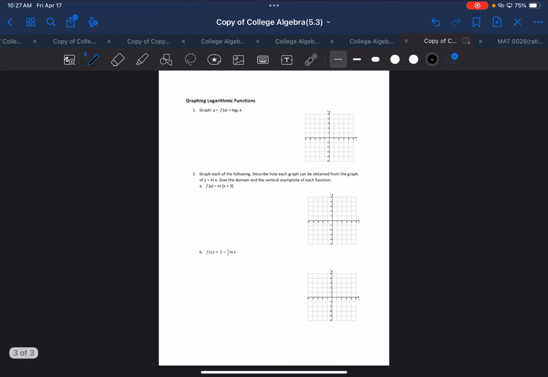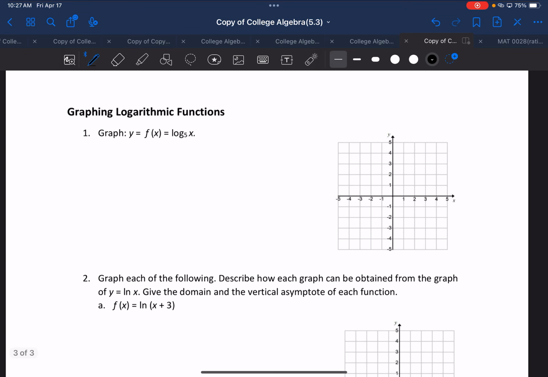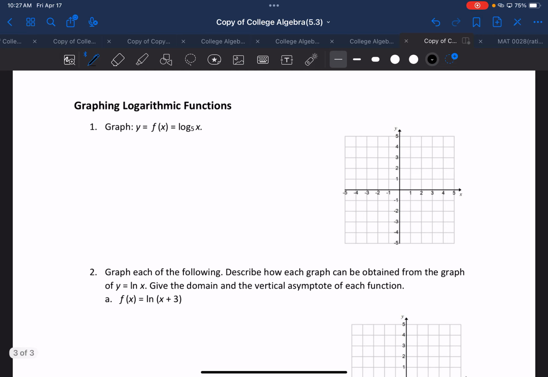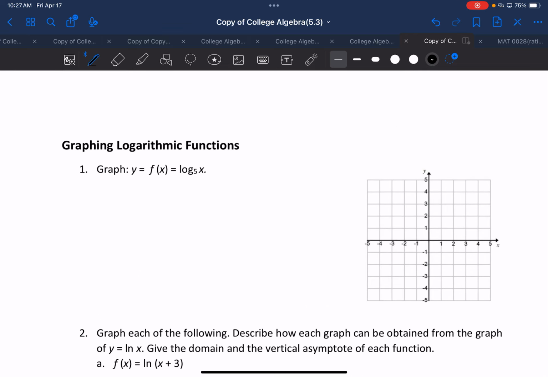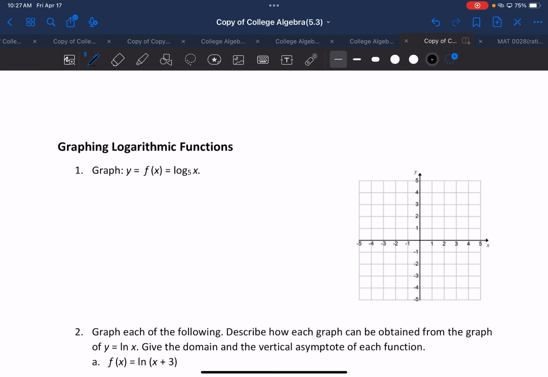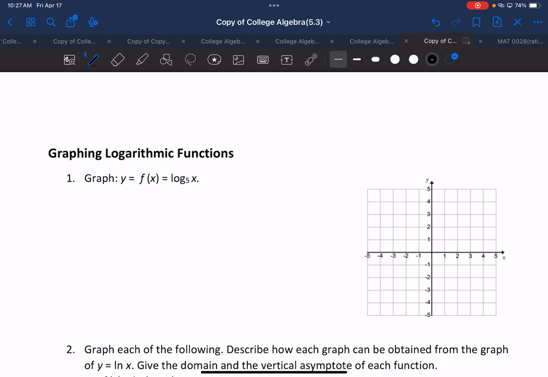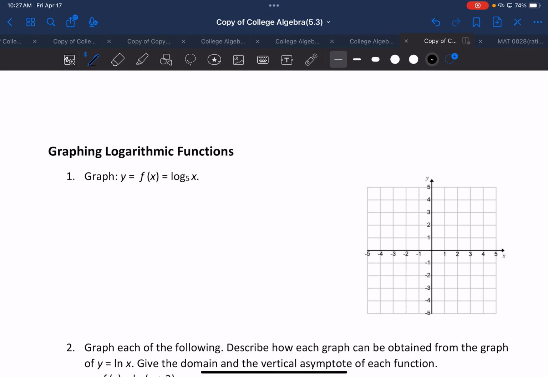All right, so the last part of this section is about graphing these functions. Now I'm going to go a little bit more in depth about their graphs. I'm going to redraw them here for you. These are the base graphs you can add to your cheat sheet.